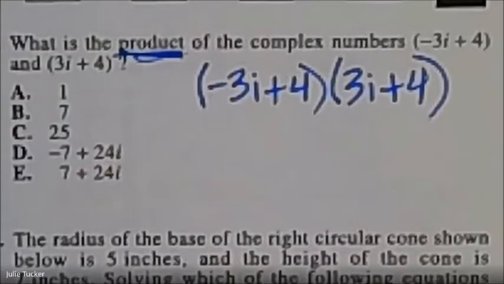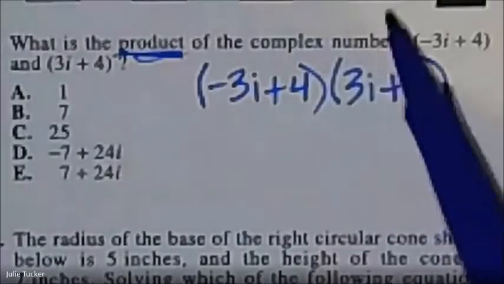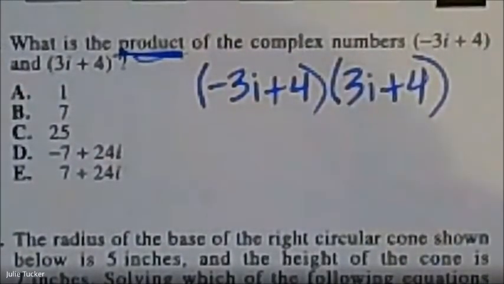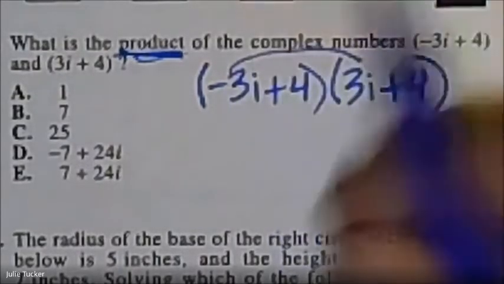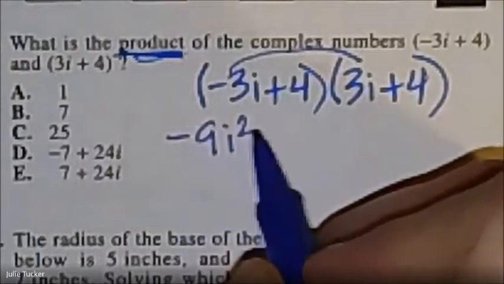So we're going to have to work it out to be sure, aren't we? But don't you realize that this looks a lot like some conjugates, the complex conjugates, and they might cancel each other out? Yeah. So let's go ahead and do it. This times this would be negative 9i squared.